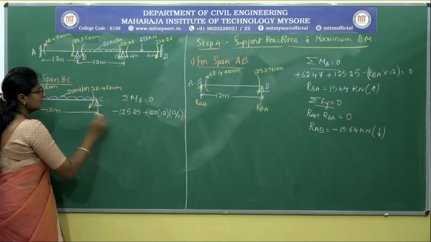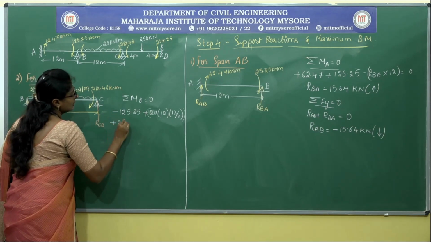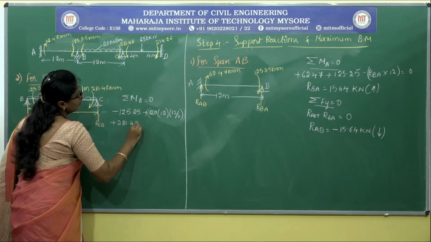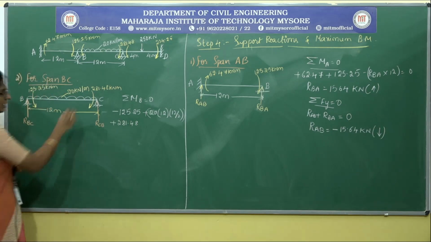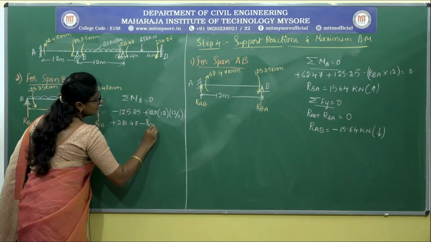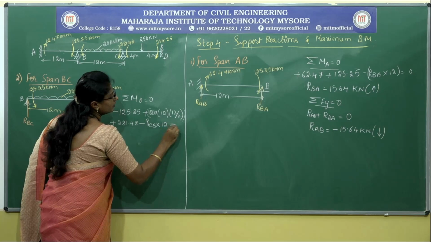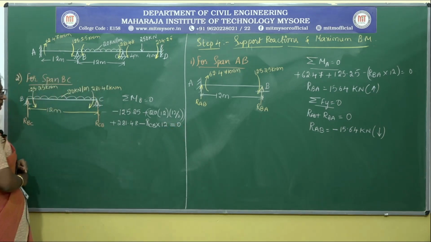Then again this moment is plus 28.48 acting in the clockwise direction, minus RCB into the perpendicular distance 12, which is equal to 0.